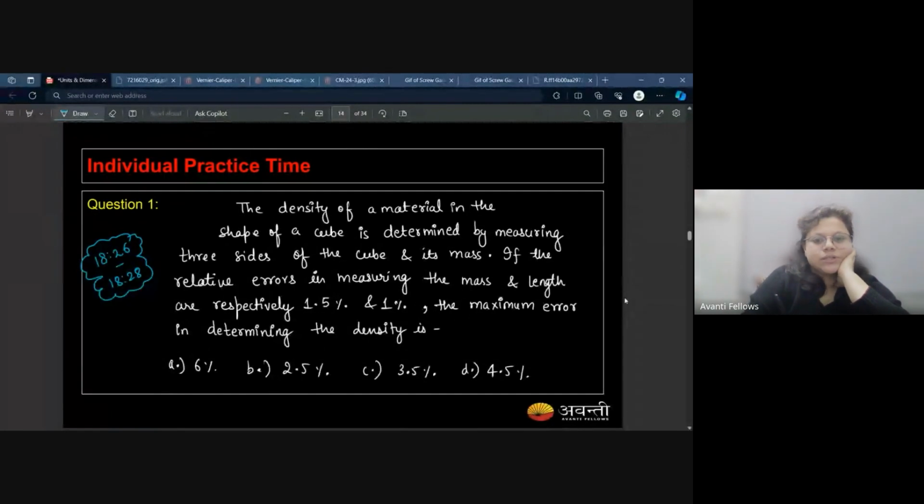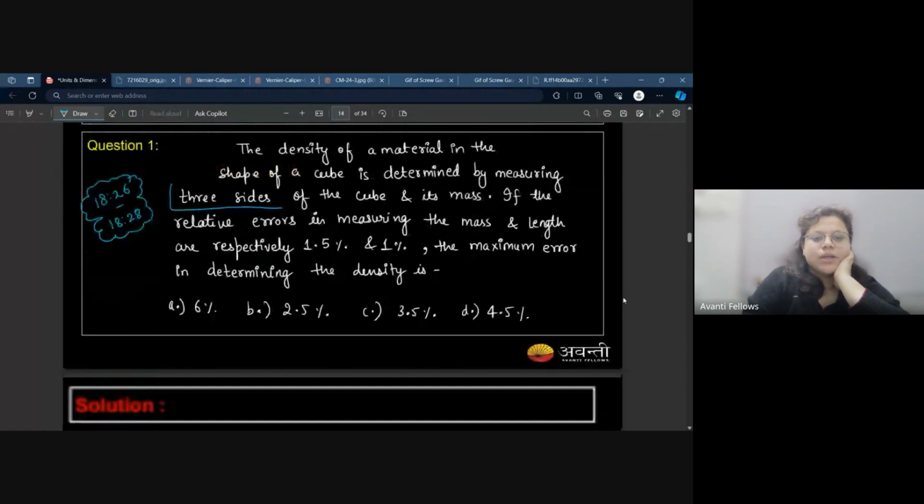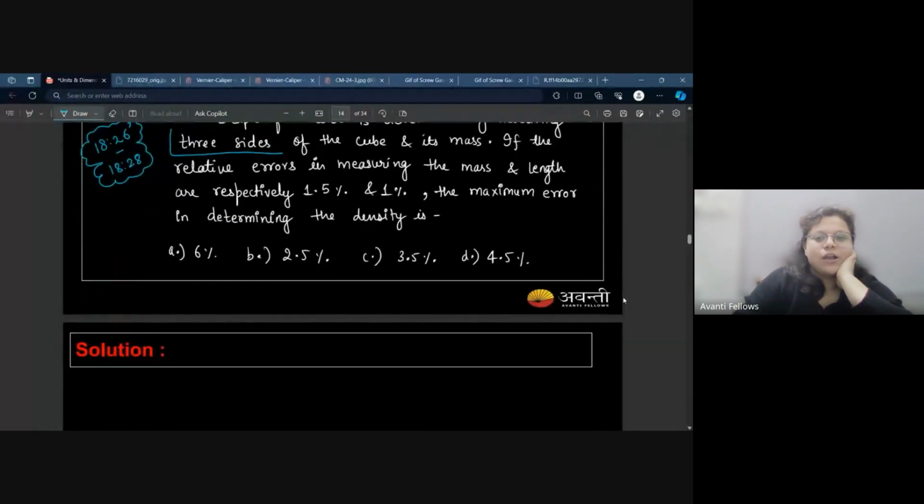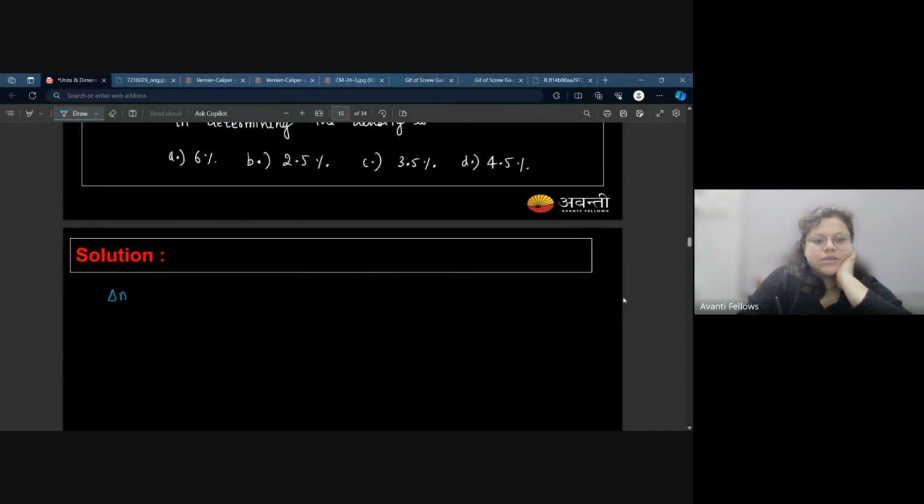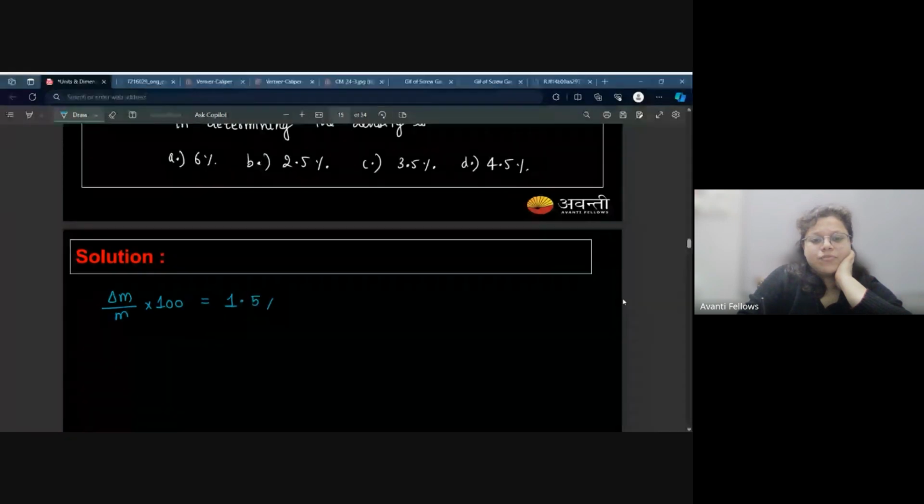Let's solve this question. We have to calculate the density of a material which has the shape of a cube, and it is determined by measuring the sides of the cube and its mass. If the relative error in the measurement of the mass and the length is this, they gave us the value of, let me write it over here, delta m by m into 100 is equal to 1.5%, right?